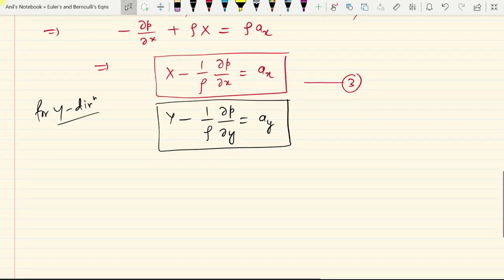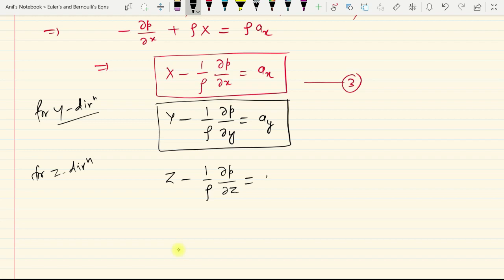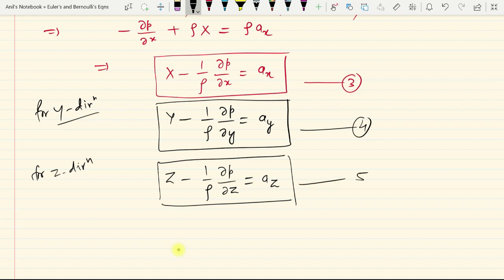And for z we will have Z minus 1 by rho del p by del z, it will be equal to az, which is acceleration along z direction. So we have these three equations. These equations are called Euler's equation of motion. So we have derived this.